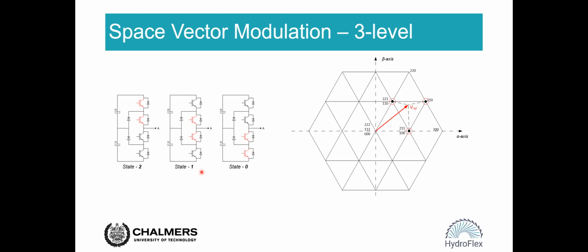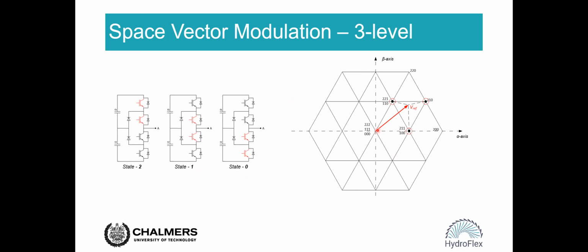Then we put these different voltage vectors on the alpha beta plane again. Then we can create another hexagon, but with more layers compared with the 2-level. So this is the hexagon for the 3-level converter, and it will have 2 hexagon layers.